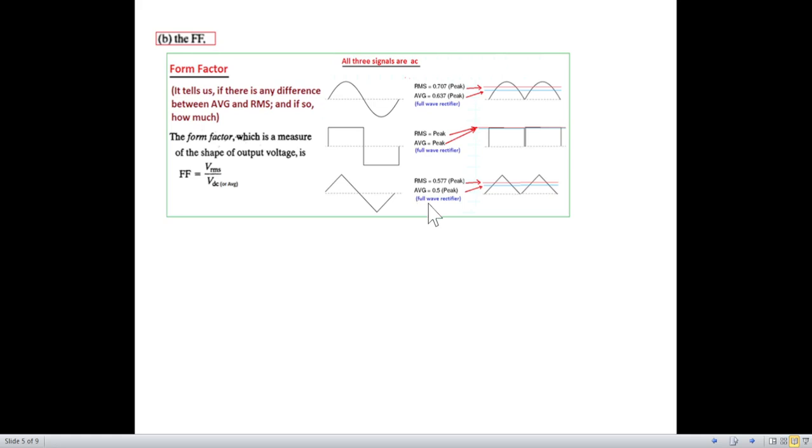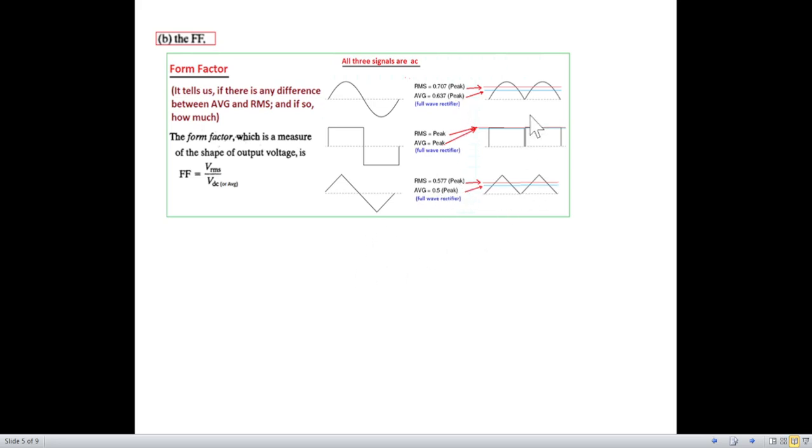And for triangular periodic, we have this. Now, all three have different values for RMS and average. This is 0.7 and 0.63. These are the same value peak. This is 0.57 and 0.5.